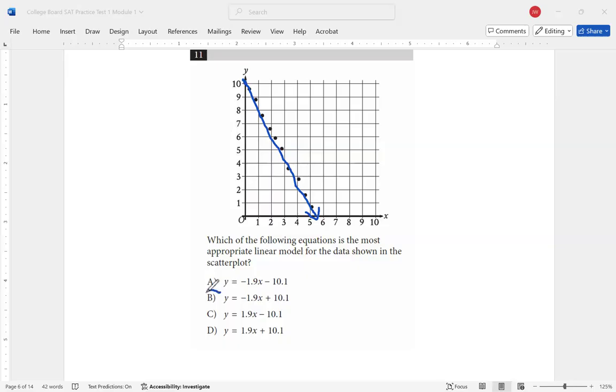That does match the features for this scenario. For options C and D, both of those have positive slopes. So since we want a negative slope, which intersects at about 0, 10.1, we want option B. So B is the answer to question 11.